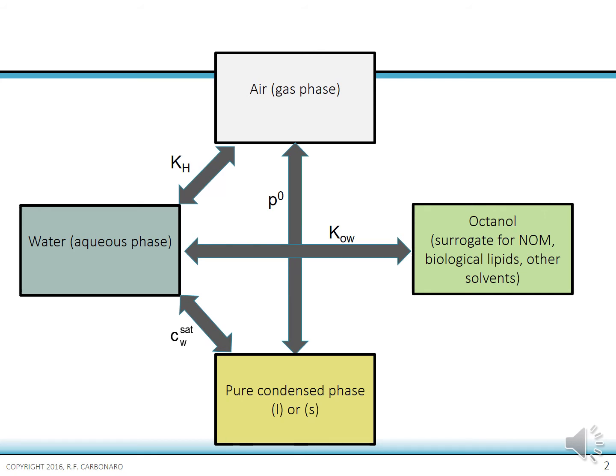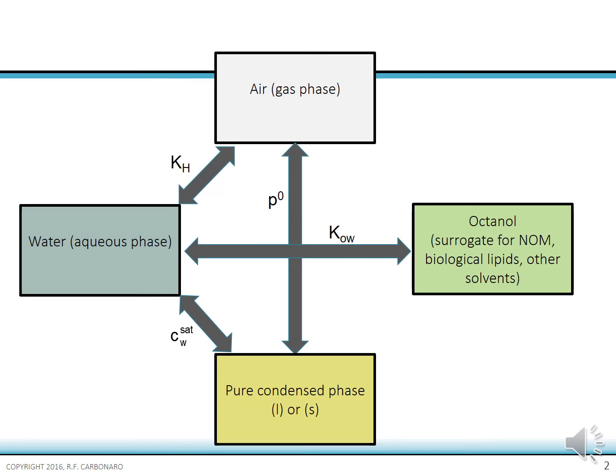Well, the reason why we have octanol on this slide will be made more clear later on, but the short of it is that we use octanol as a surrogate for more environmentally relevant media, such as natural organic matter, NOM, which we'll talk about later, biological lipids, which would be the fatty tissue of various organisms, and also we can use octanol to represent other solvents that might be present, not typically natural to the environment, but other solvents that perhaps we've introduced to the environment. So that's why this box is on this slide.